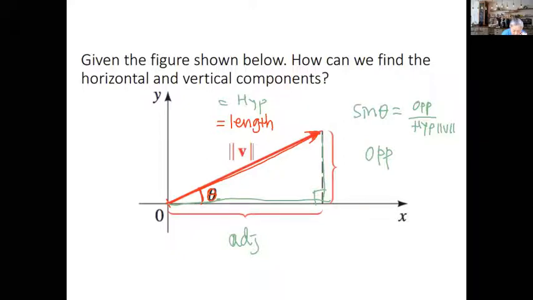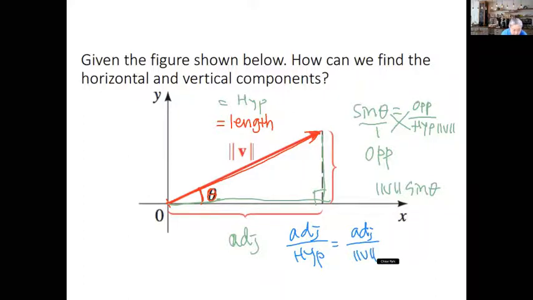So this vertical component, if you cross multiply, is going to be the magnitude of the vector times the sine of the direction angle. In the same manner, the cosine ratio is adjacent over hypotenuse, and the hypotenuse is the magnitude of the vector.